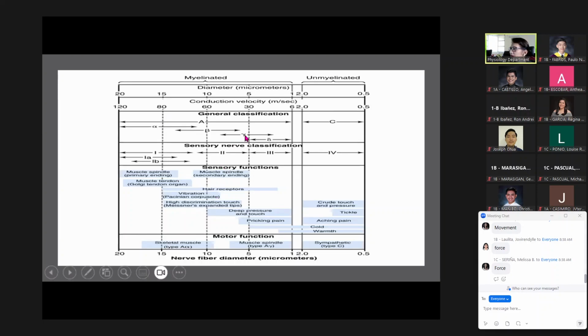Okay, ito yung gamma. Okay, gamma, ano pa ba? Alpha. Okay, we also mentioned about the alpha motor neuron earlier. Alpha motor neurons, gamma, and your, ano pa ba? Yun. Okay, 1A, 1B.